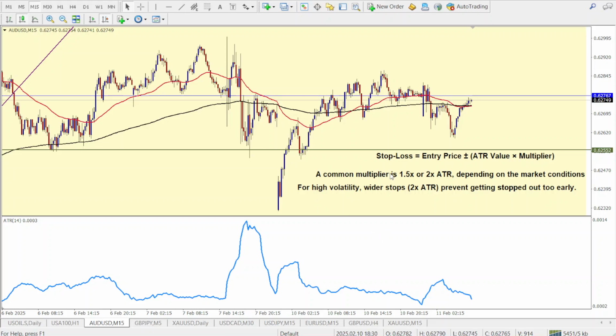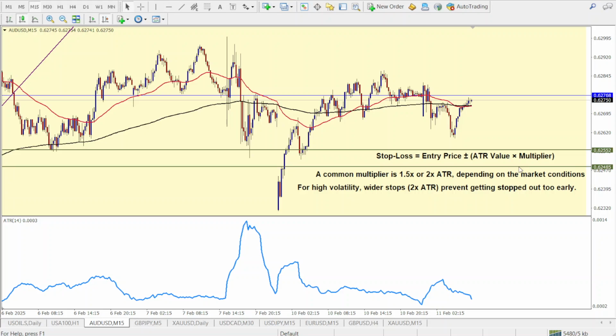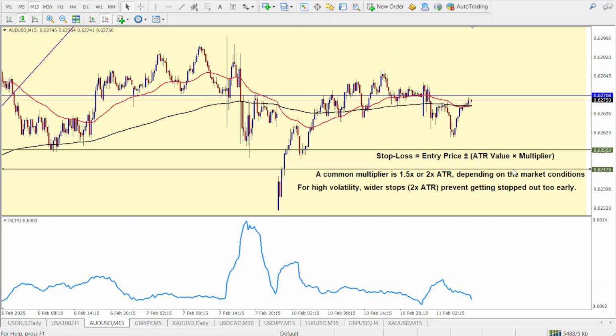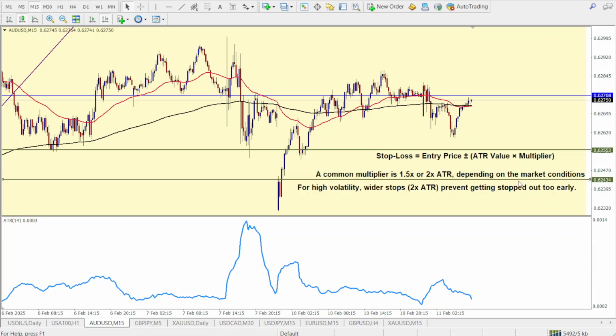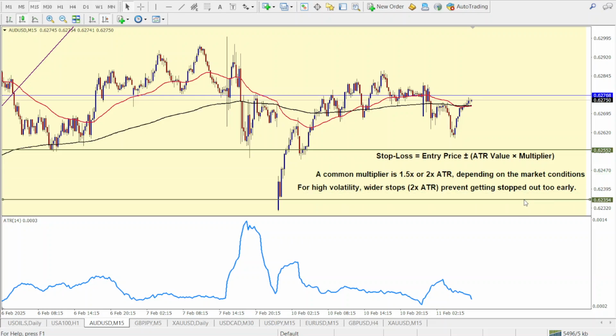So using a 2x ATR stop loss, your stop loss will be 20 pips below, which is going to be around 0.62352, since 0.62552 is our entry.